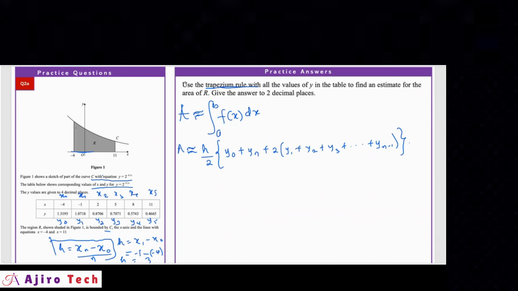Okay, so everything we need here is set. Our h is 3 over 2.